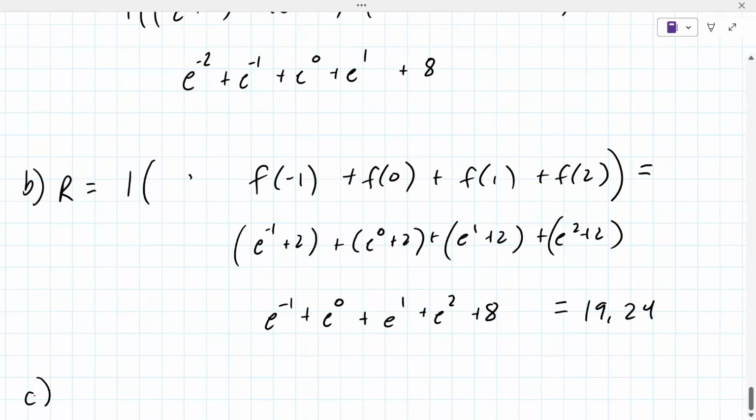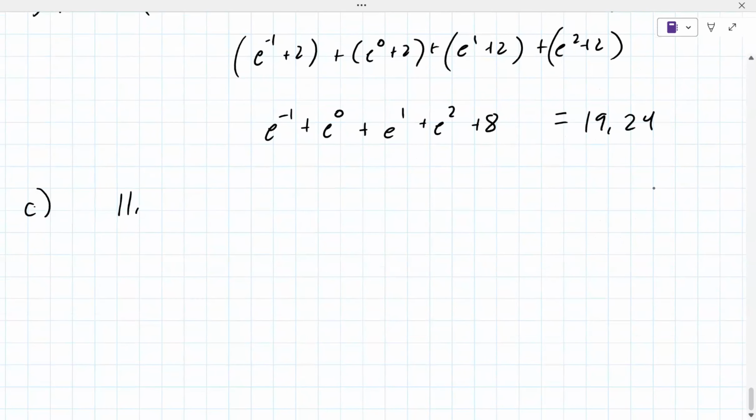Part C is the average. So you take your two answers, 11.99 plus 19.24, divide by 2, which is 15.62.